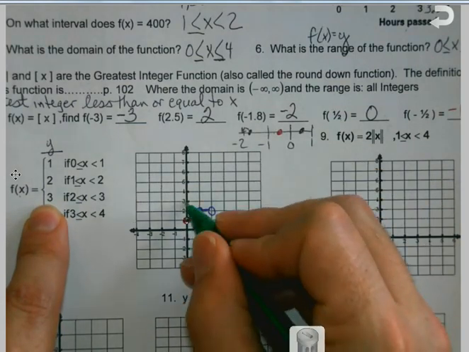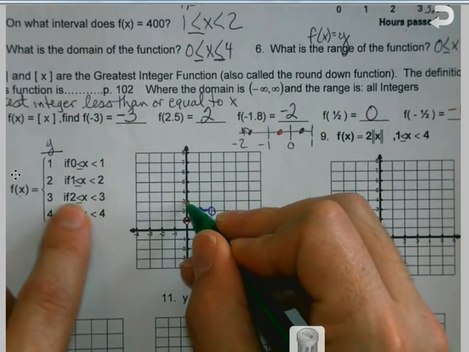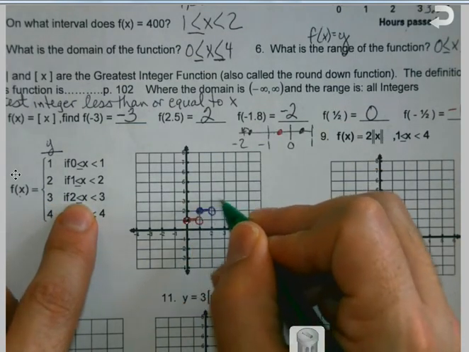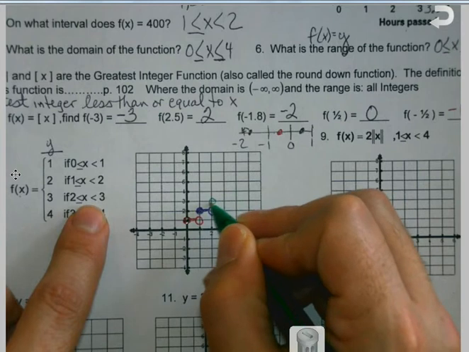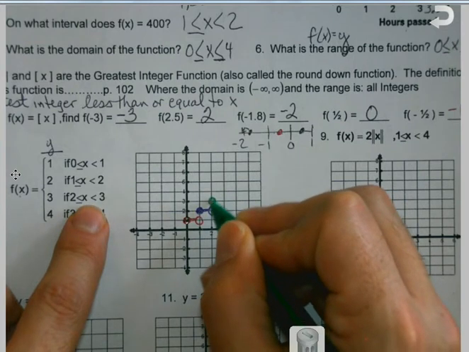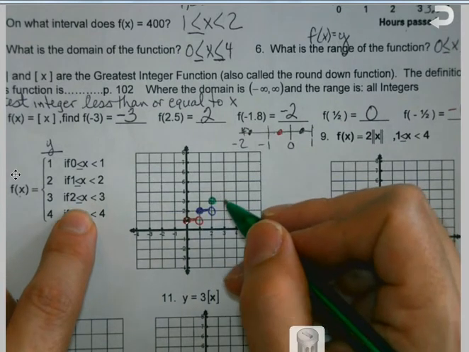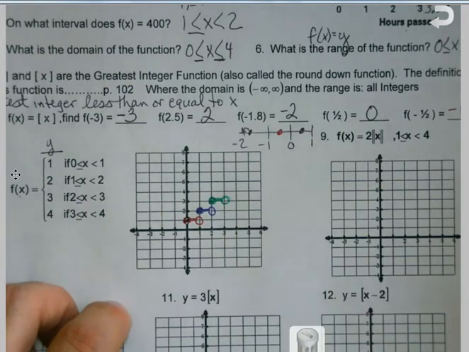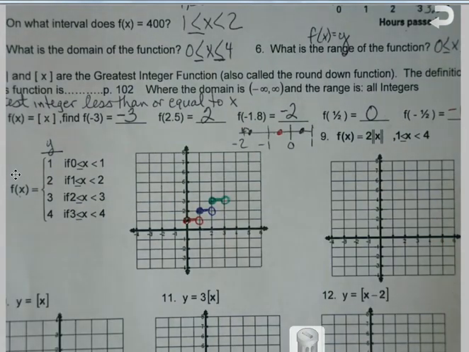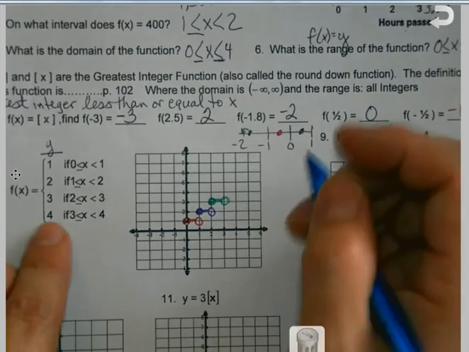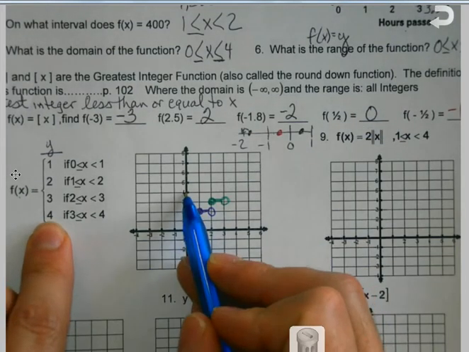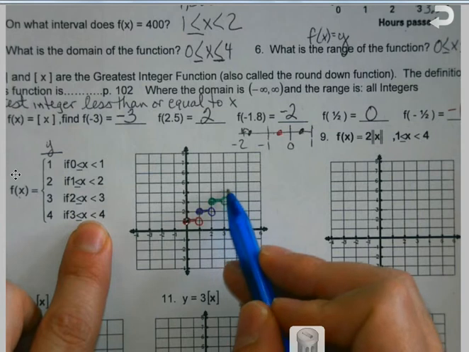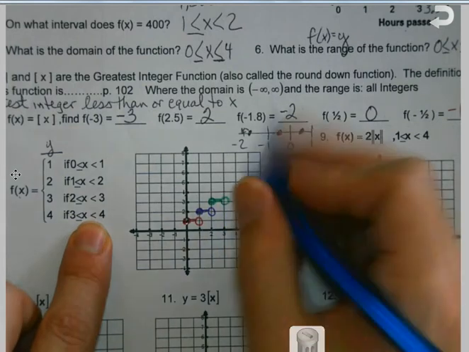When my y value is 3, that occurs when x is between 2 and 3. The 2 gets the closed-in dot again because it's or equal to. And we'll make our little barbell of sorts. And then finally, my y value is 4 when x is between 3 and 4.